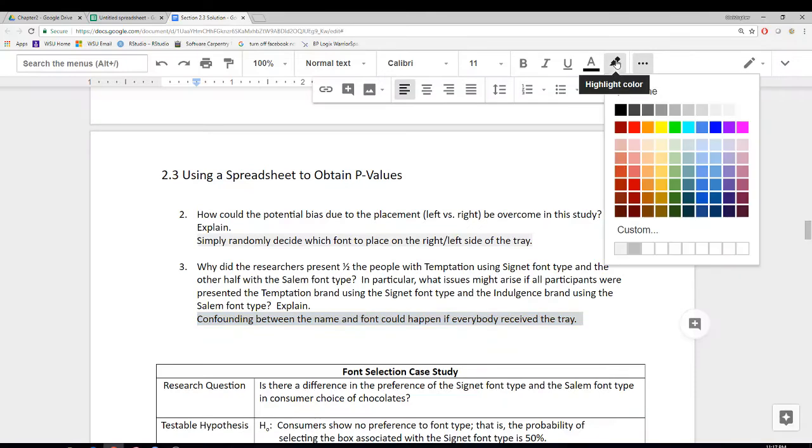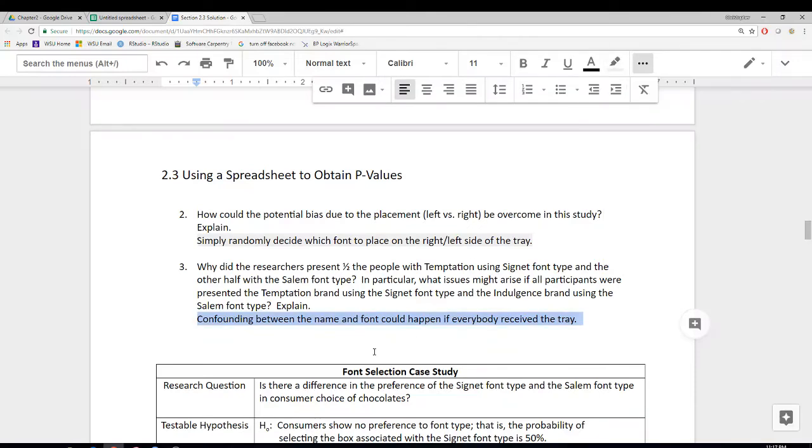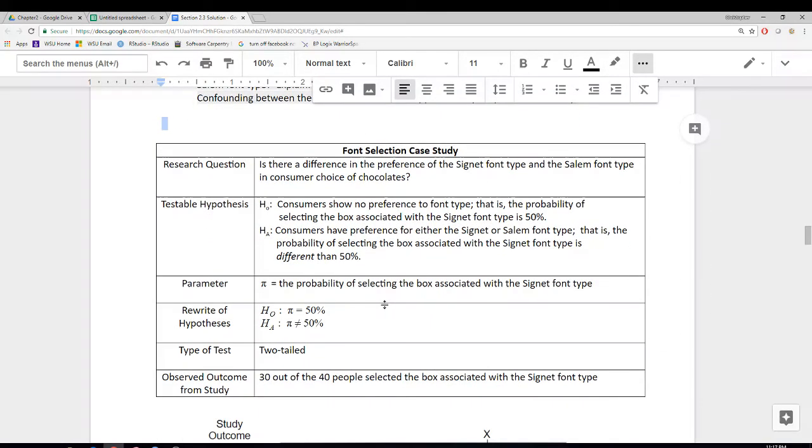All right, let's complete the analysis for this particular example. The research question: is there a difference in the preference of the Signet font and the Salem font? I just wanted to know if it mattered at all. The parameter value here is the probability of selecting a box associated with the Signet font.